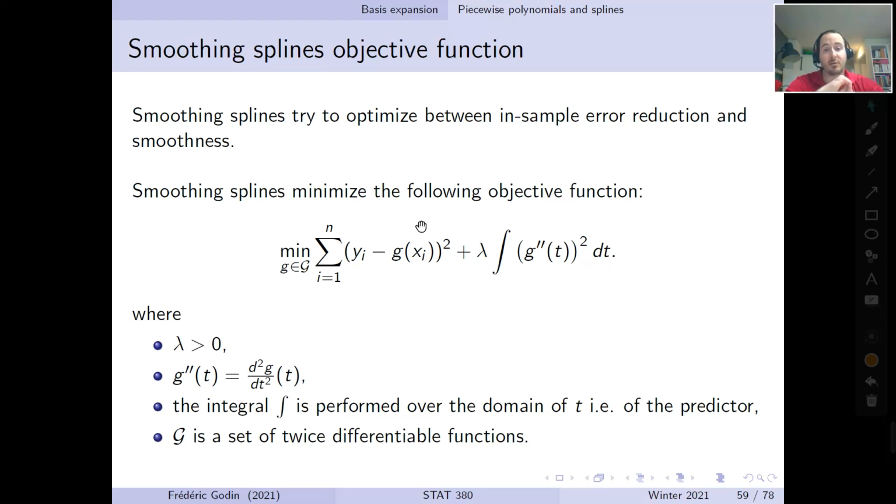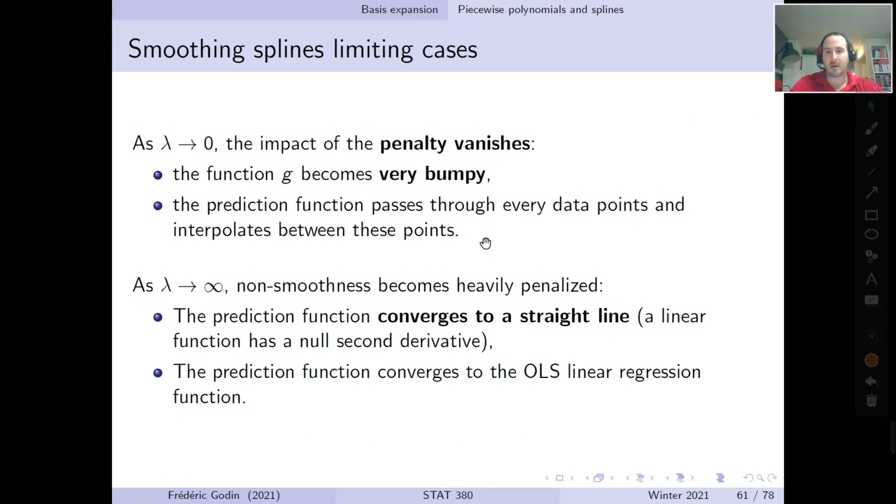This entails going back to the regular OLS approach, which is only meant to maximize accuracy in your training sample, and this might lead to overfitting. The limiting case when lambda is 0 is just minimizing in-sample accuracy. So the function g can become very bumpy to try to pass as close as possible to all points and interpolate between all points instead of smoothing the prediction curve.